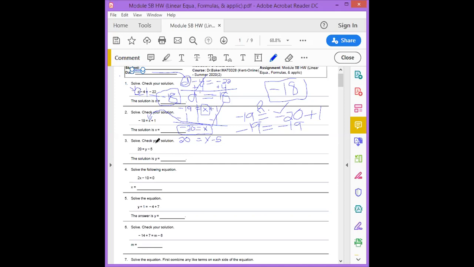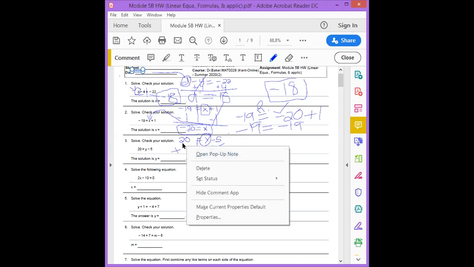All right, number 3, 20 equals y minus 5. Again, our goal is to get y by itself, and it's on the right side of the equal sign. Right now I'm subtracting 5. The opposite operation would be to add 5 to both sides. We're going to add 5 on the right, add 5 on the left.